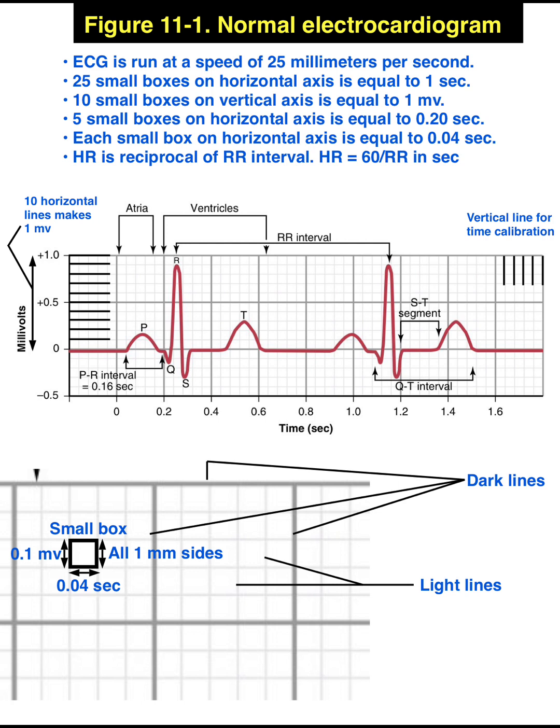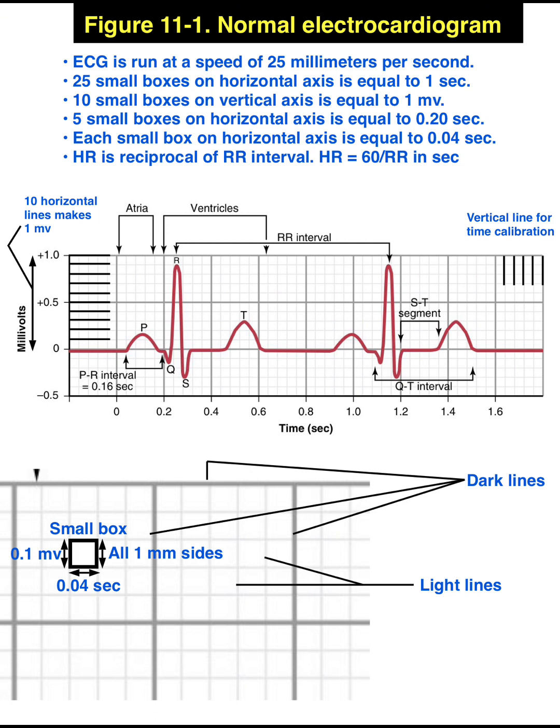So large square drawn by dark lines has length of 5 millimeter horizontally as well as vertically. 10 small boxes vertically, or 10 horizontal light lines on vertical axis, make 1 millivolt.